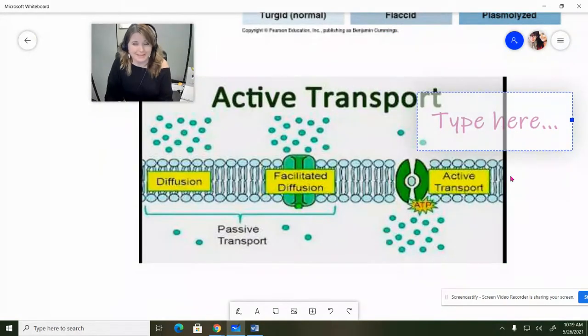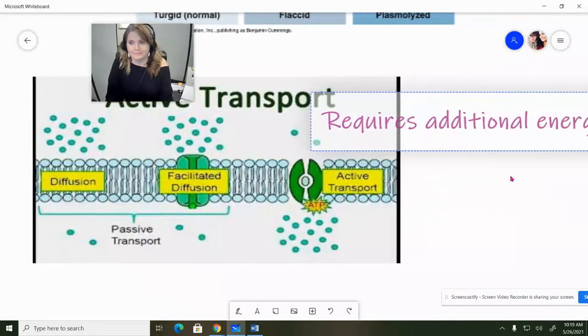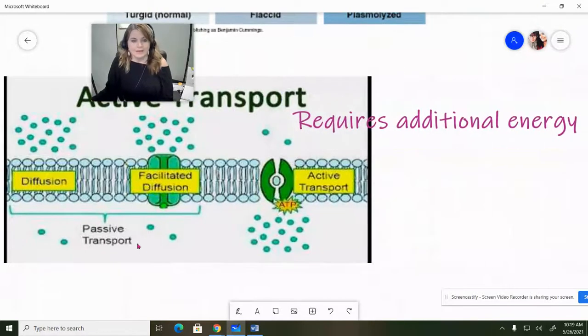We'll talk more about ATP coming up here in the next couple of lessons. Okay, so this also then uses these protein channels as well, to be able to use the protein channels to move ATP, to be able to give the energy to actually move some of these molecules against the concentration gradient.